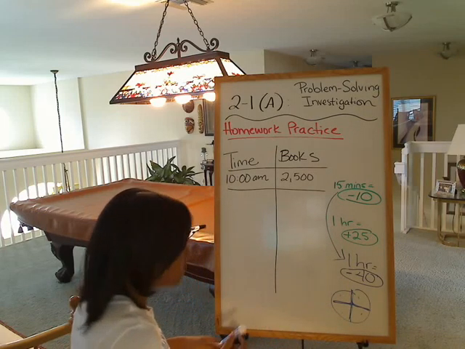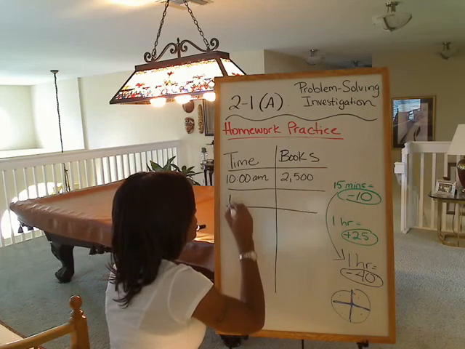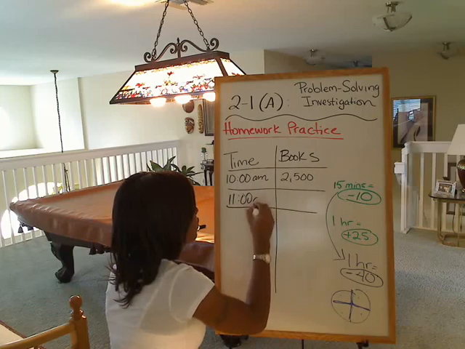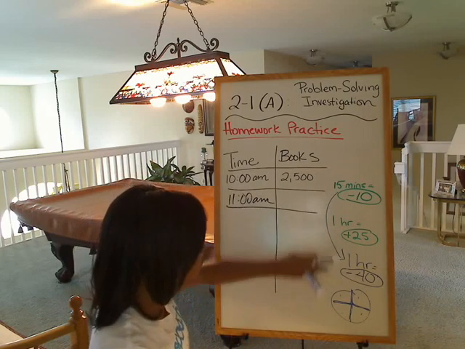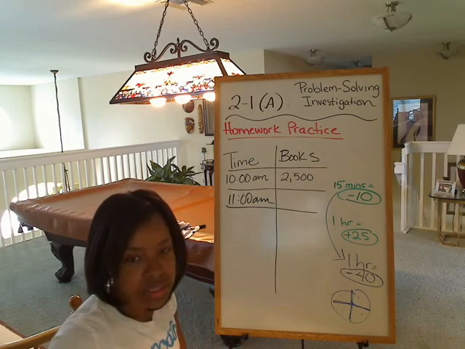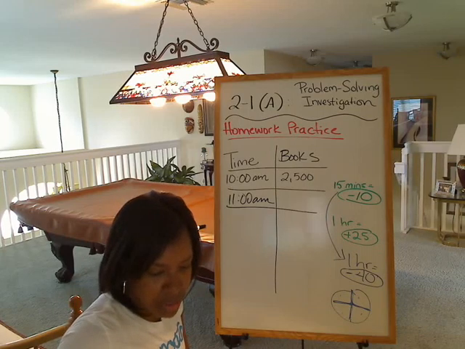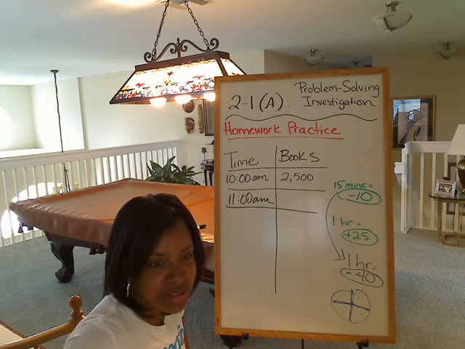Okay, so let's see. If we started off with 2,500 books, by 11 o'clock we have to add 25 books and take away 40. So let's see how much that is. And I know my students are going to have something to say because I don't have my calculator, so I'm using the one on the computer.